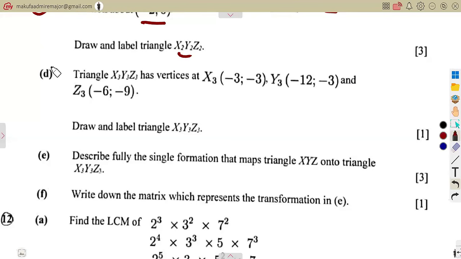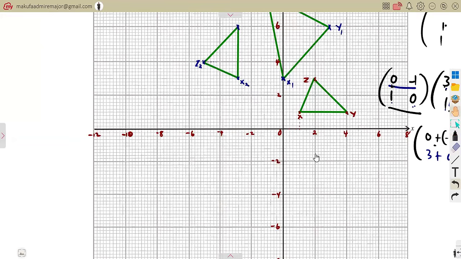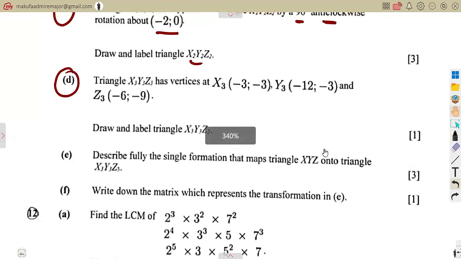Then if you check on D, we are given this triangle x3, which is now given as minus 3, minus 3. Draw and label this triangle that you're given. So we're going to mark the points x3, y3, z3 in order for us to have this triangle. You are given points.